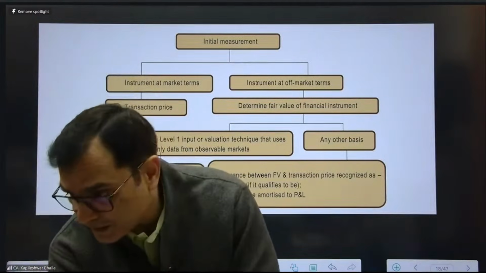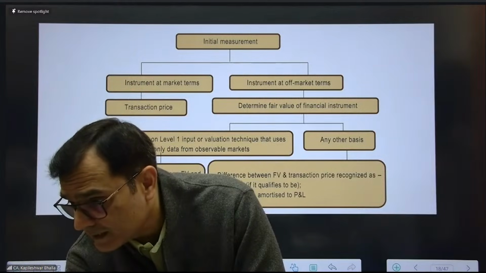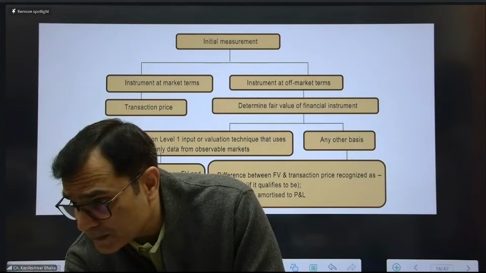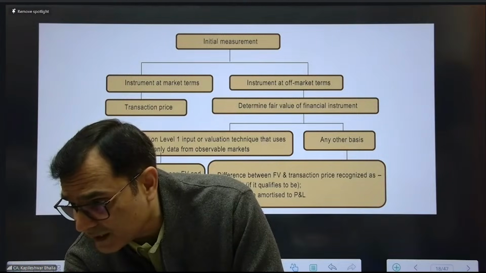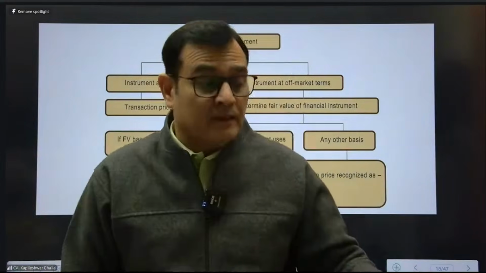Okay, I think I got a message. Let me see if that comes on the same one. Yes, yes, I got it. But I asked the question specifically from the instrument which is a CFI because of fixed number of shares along with the mandatory interest income. Okay, I got your point.